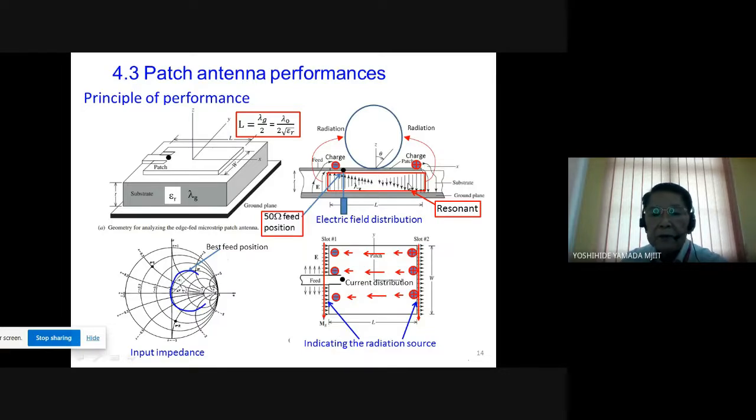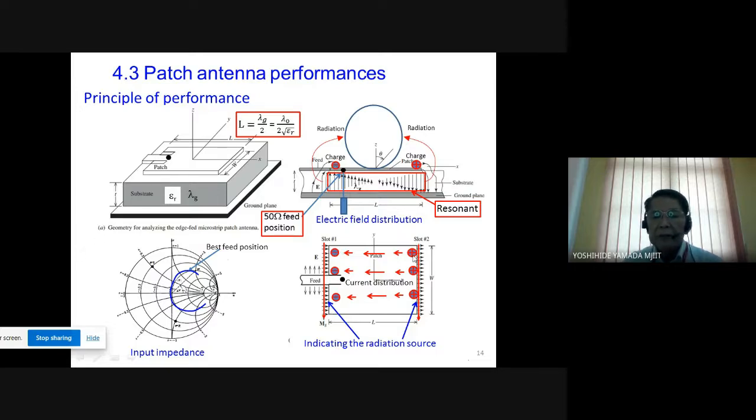this is the electric field distribution. This electric field corresponds to the charge existing. To produce this electric field, a plus charge is expected to exist here. And at this point, where the electric field is coming in, we can consider that a minus charge exists.